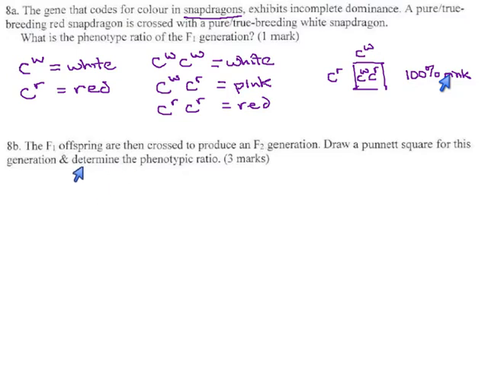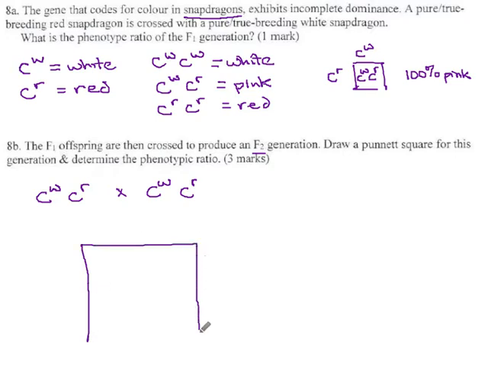Now, things get a little more interesting. They say the F1 offspring are crossed. So if pink flowering plants are crossed with other pink flowering plants, what will the snapdragon babies look like in the F2 generation? Now we need an actual Punnett square. Give myself a little more space so I can write a little neater.